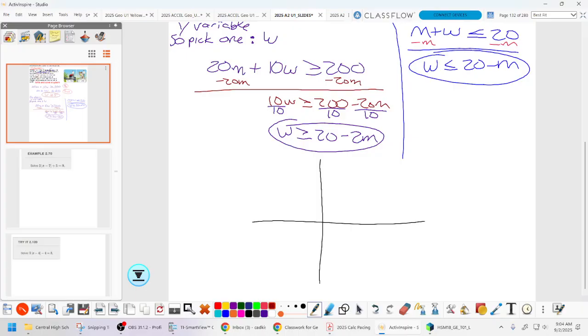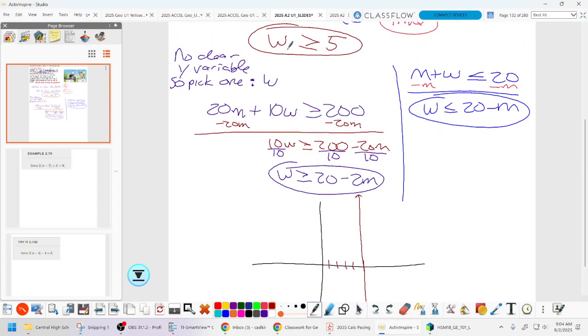It was right up there. It said w is greater than or equal to 5. So 1, 2, 3, 4, 5. And is this solid or dashed line? Solid. And am I going to shade right or left of that? It's this one I'm talking about right here. I should have done it the other way, sorry.